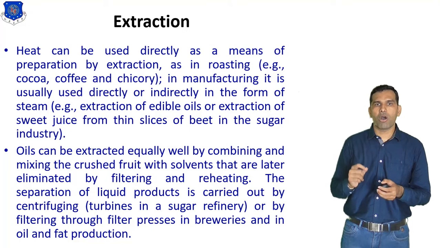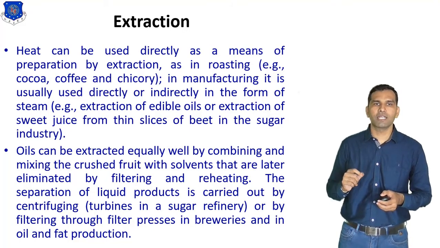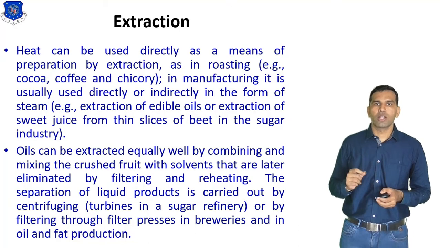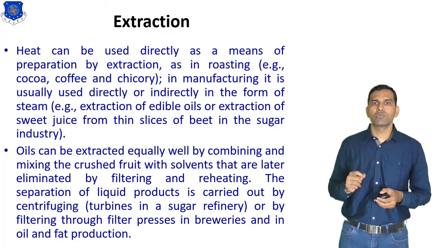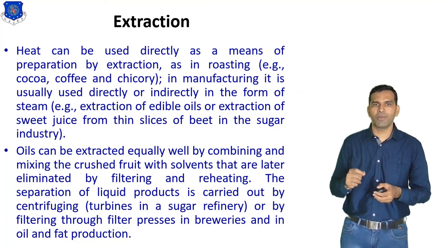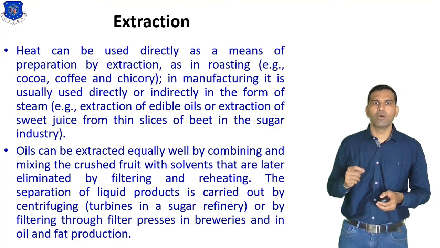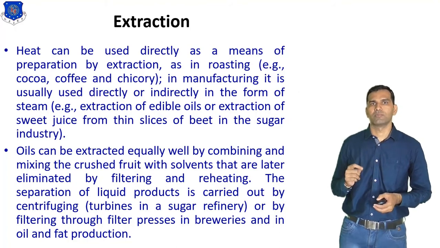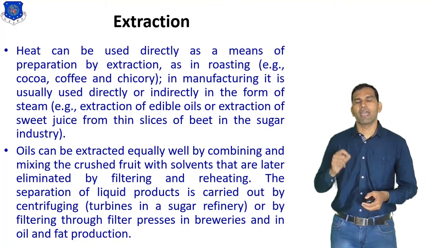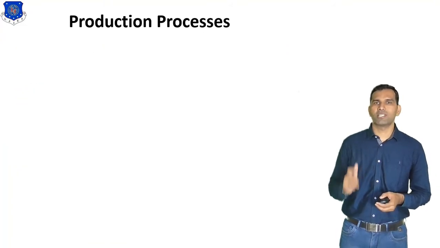The separation of liquid product is carried out by a centrifuging turbine in a sugar refinery or by filtering through a filter press in breweries and in oil and fat production. So this is the method of extraction. Now we discuss the production processes.